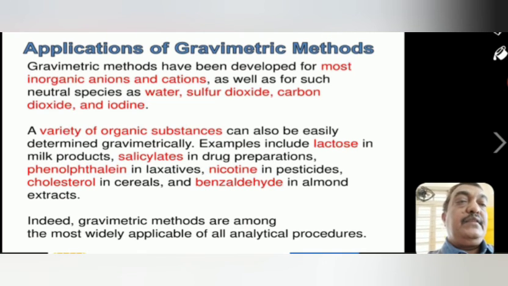For example, lactose present in milk products, or salicylate in drug preparations, and phenolphthalein in laxatives, and nicotine in pesticides, etc., as well as cholesterol in cereals, etc., can be estimated gravimetrically. The procedures are very simple.